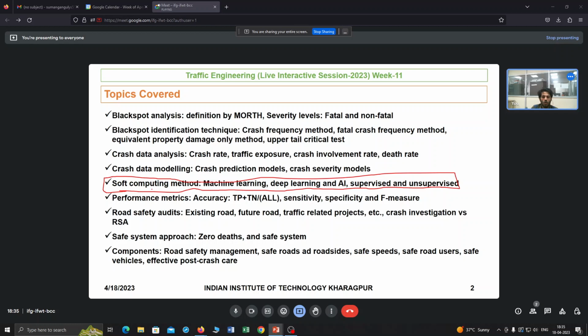Suppose there is a road. Now a team of experts will arrive on that particular road and try to check whether everything is happening smoothly or not, right?